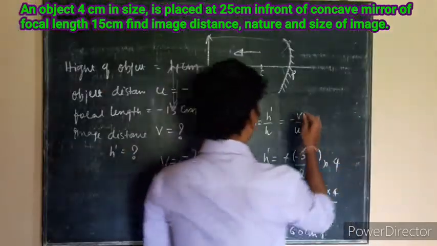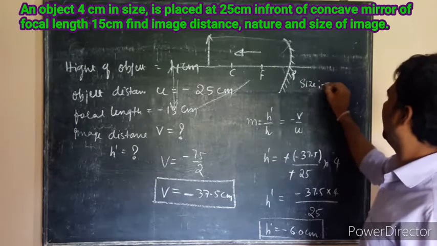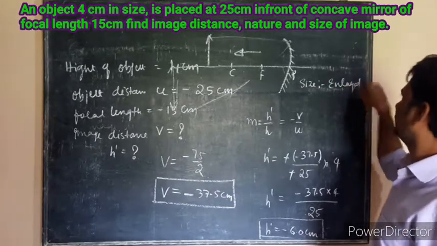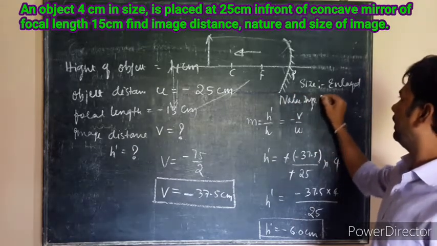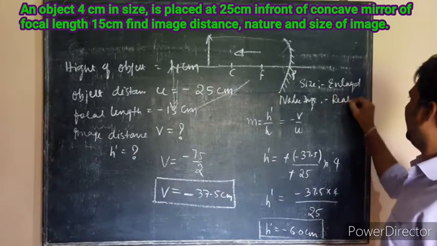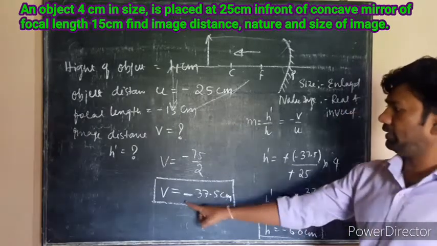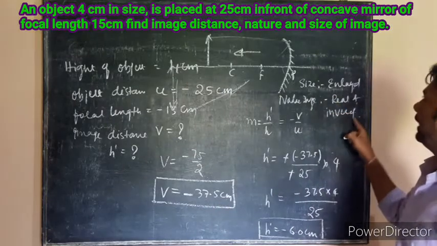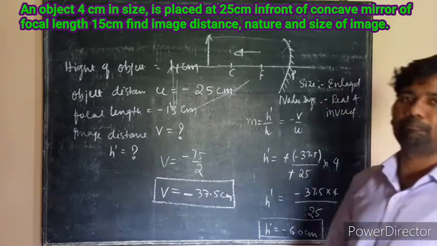Then you can conclude that the size of the image is enlarged. And the nature of the image, these things they will ask. Nature of the image is real and inverted. Why inverted? The image distance is minus 37.5, so it is real and inverted. Nature and size of the image. Okay, thank you.